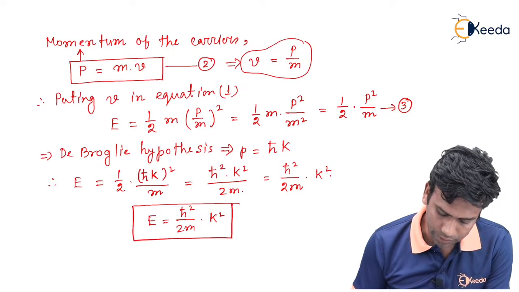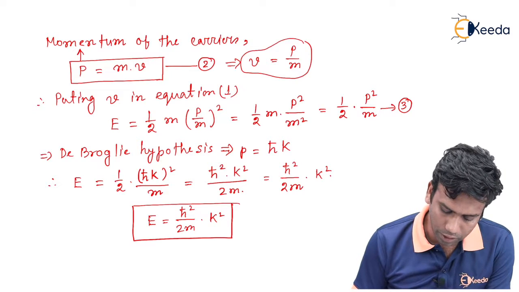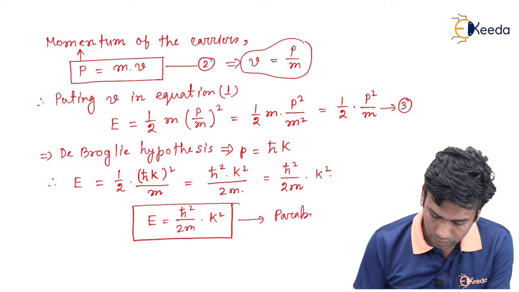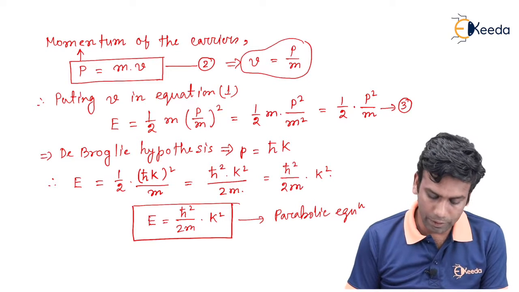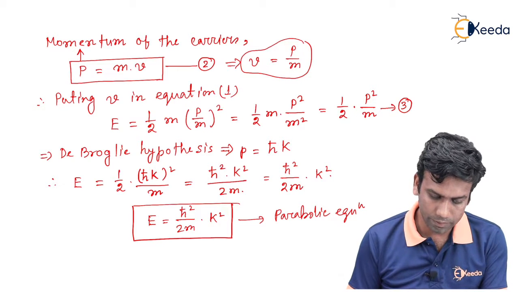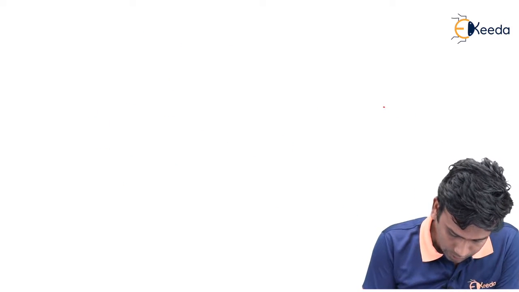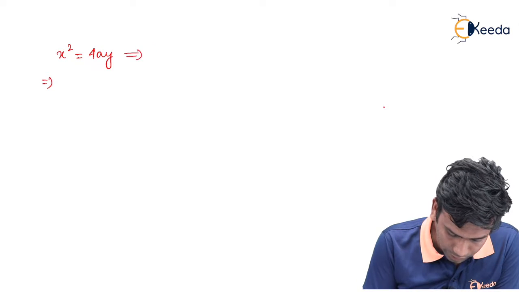So this equation is nothing but a parabolic equation, because this will be a parabolic equation for E and k. We know that x square is equal to 4ay, which is the general equation of a parabola.